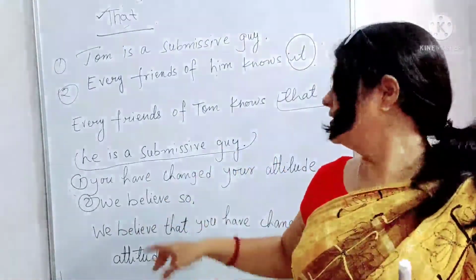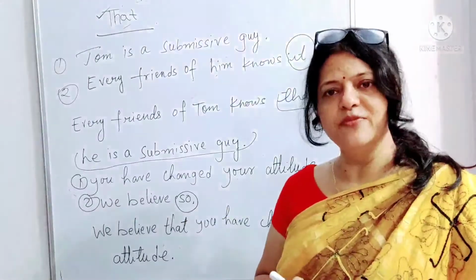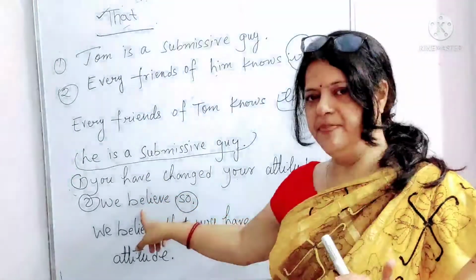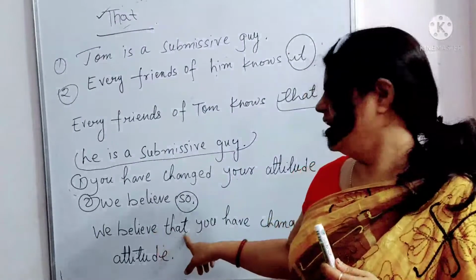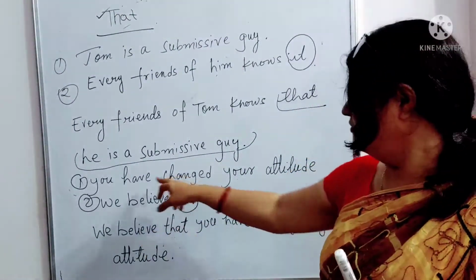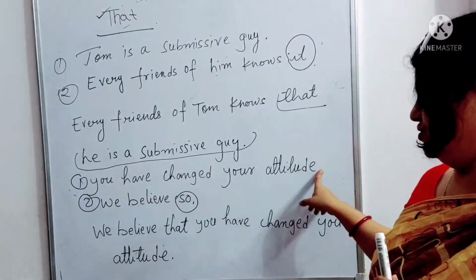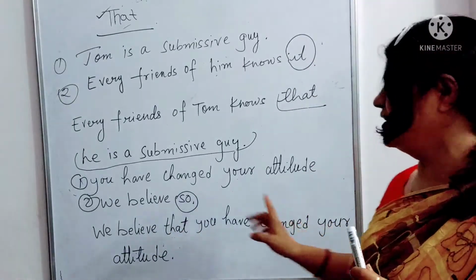So we find that at the end of the sentence, this conjunction so has come. So we need to remove it, and we will make it principal clause. So we believe, this is principal clause, and then we have added conjunction that. We believe that. Now we'll write the second sentence. You have changed your attitude. So we believe that you have changed your attitude.